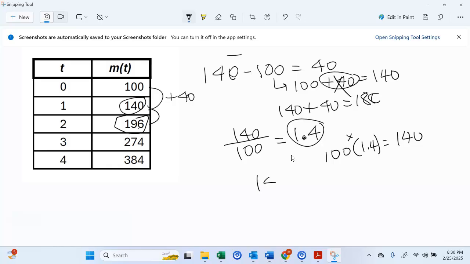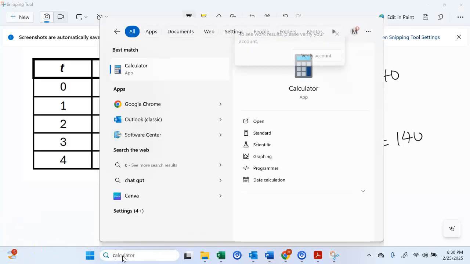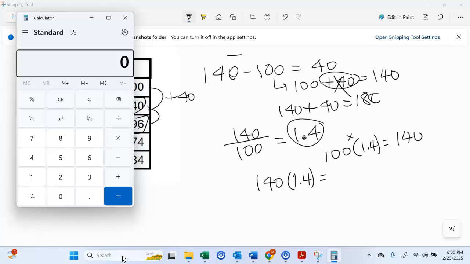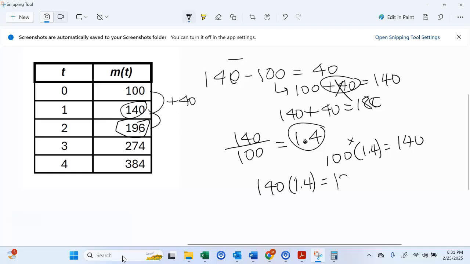Well, let's take 140 times 1.4. What does that equal? Let's get out a calculator. So that would be 140 times 1.4 equals 196.